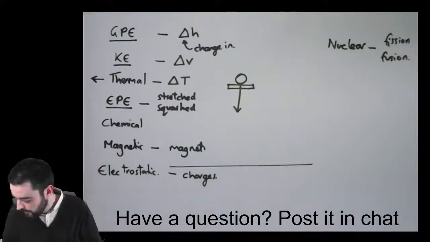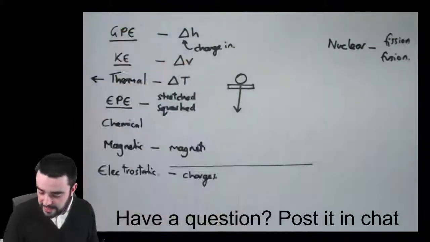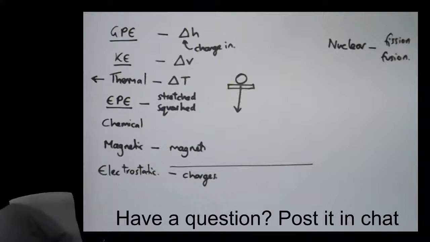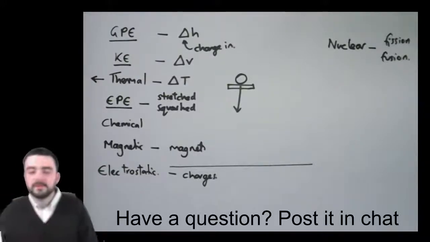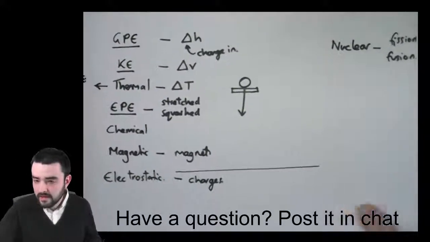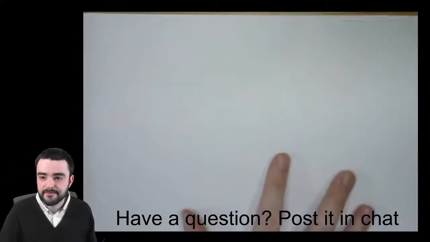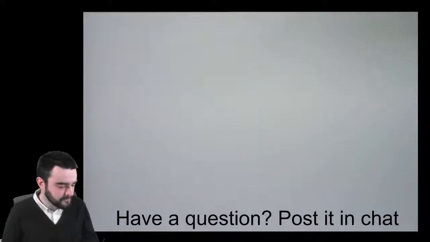As I said before, you need to be able to calculate gravitational potential energy, kinetic energy, and elastic potential energy. So if you're going to calculate something, then you're going to need to know the equation for it and what the different symbols mean.